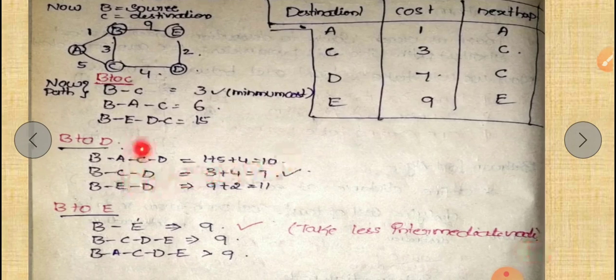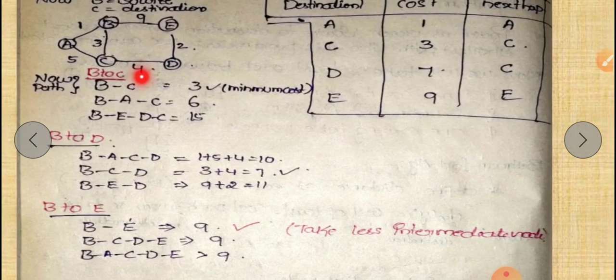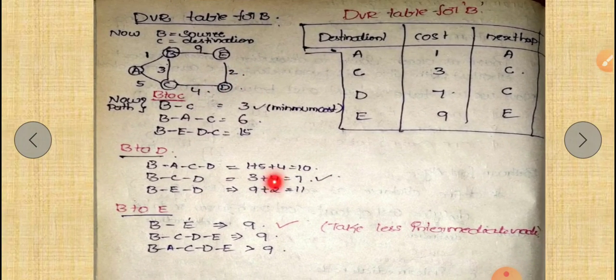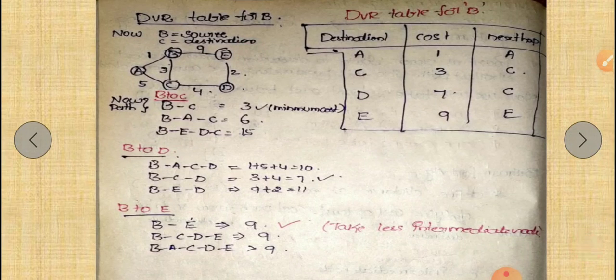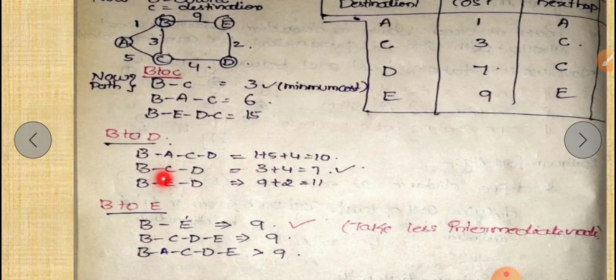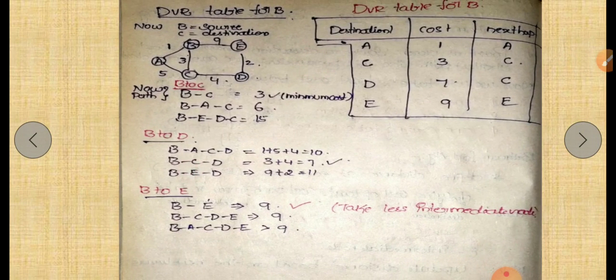B to C and C to D: 3 plus 4, 7. Next is B to E and E to D: 9 plus 2, 11. So what is the least cost? 7. D is the destination and the cost is 7. The intermediate router is C, so the next hop will be C.